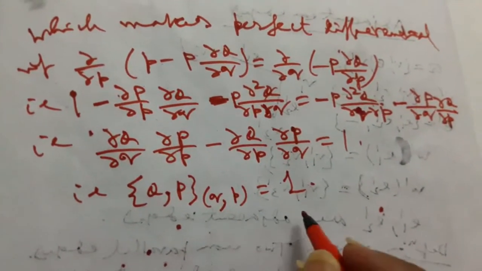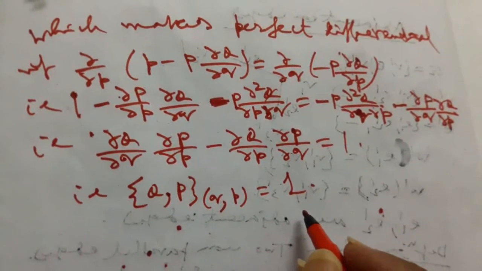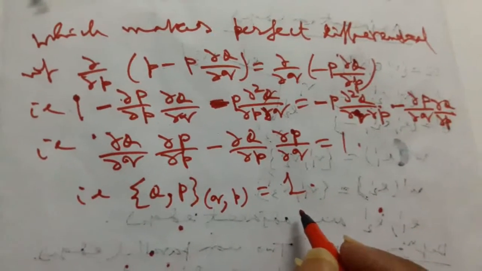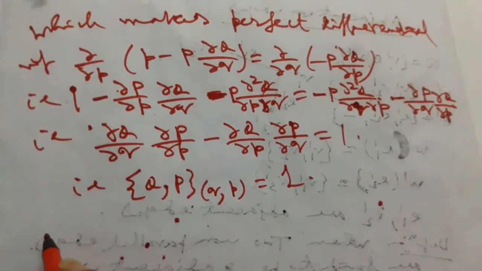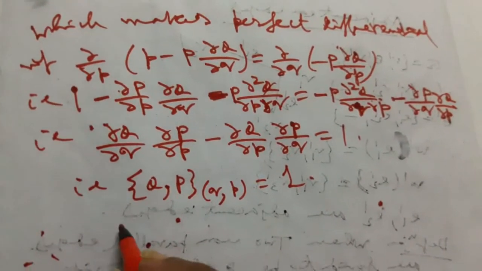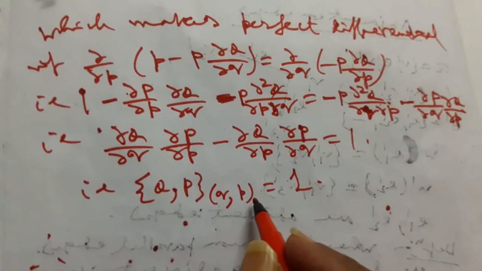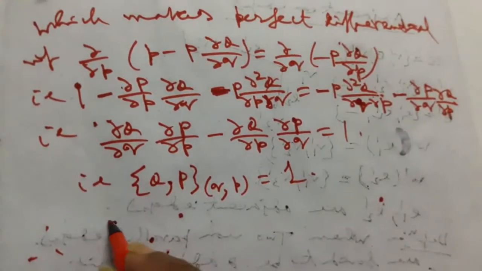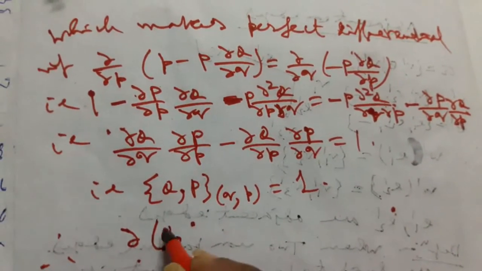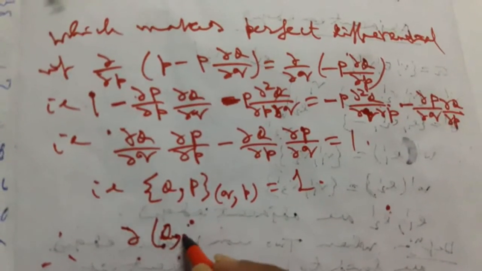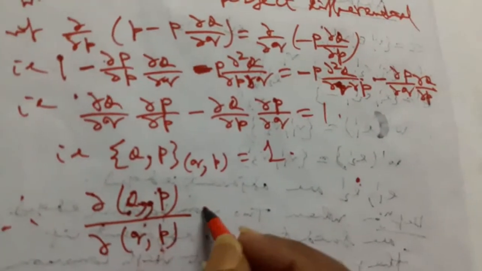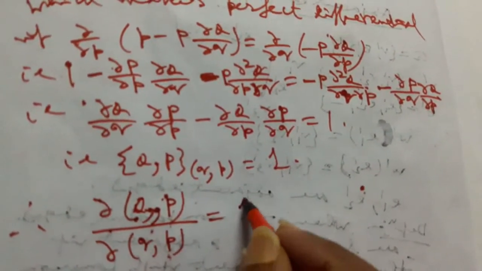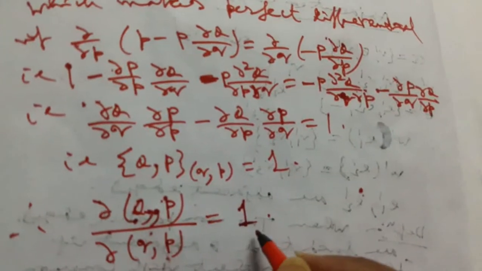and which is a perfect differential, and therefore we can prove it already. This will be equal to the Jacobian transform, that is the Jacobian of (Q, P) with respect to (q, p), that is 1.